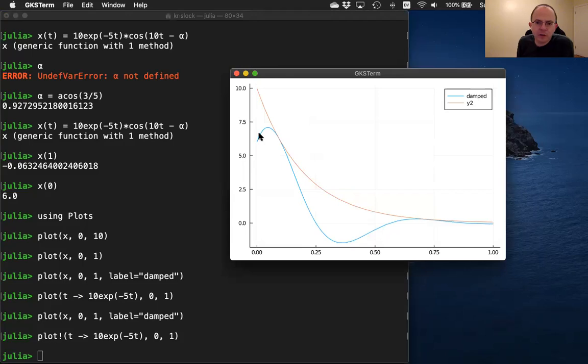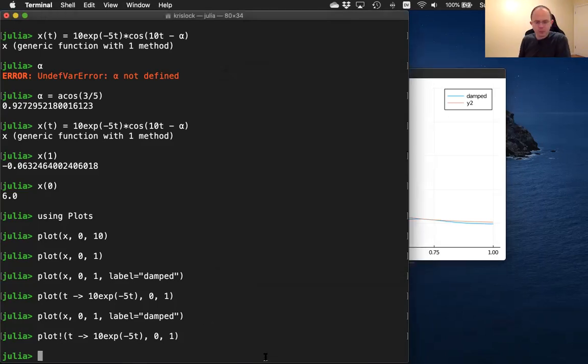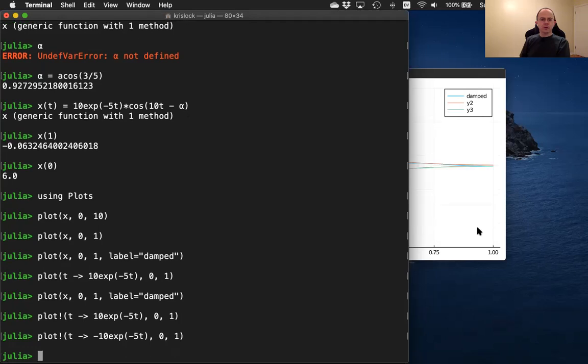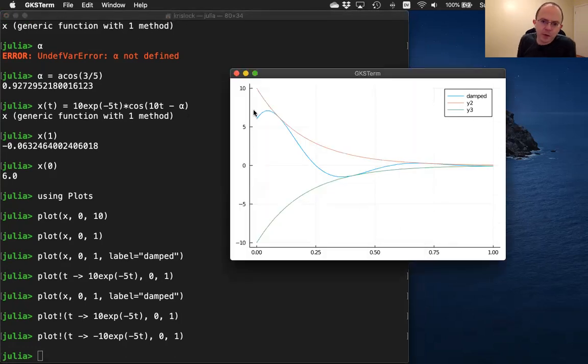There you see how this function is going like that. And I should plot the other one as well. There you see how it's oscillating between plus 10 exponential of minus 5t and minus 10 exponential of minus 5t.